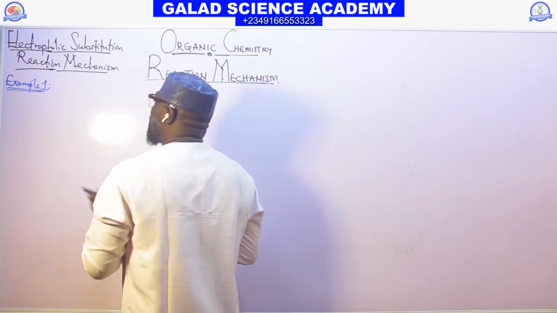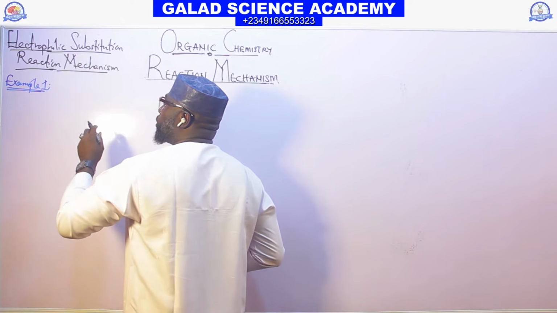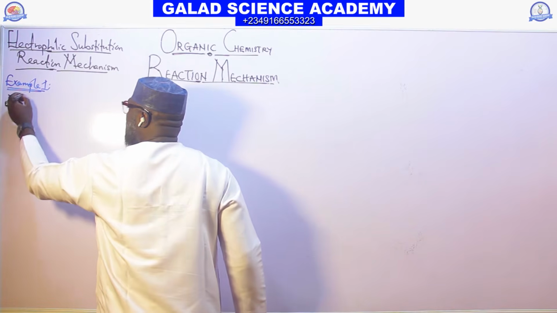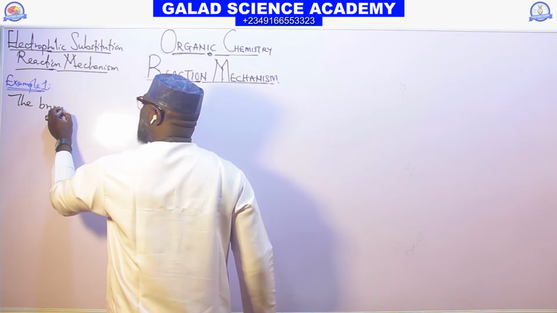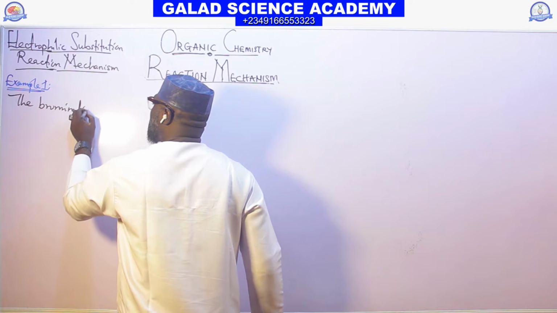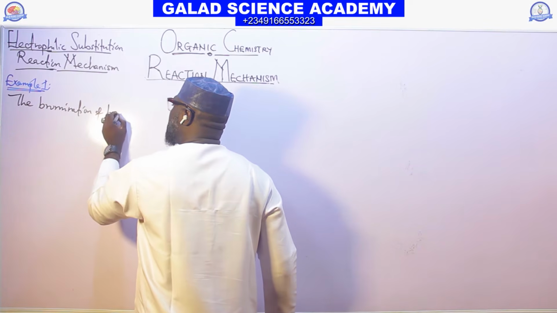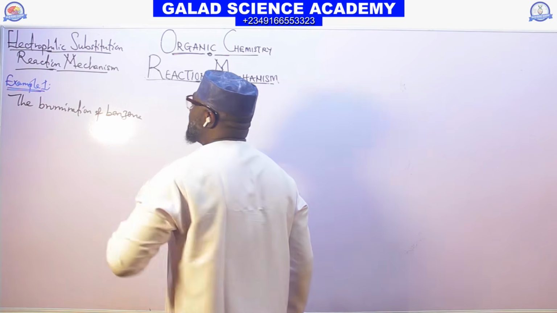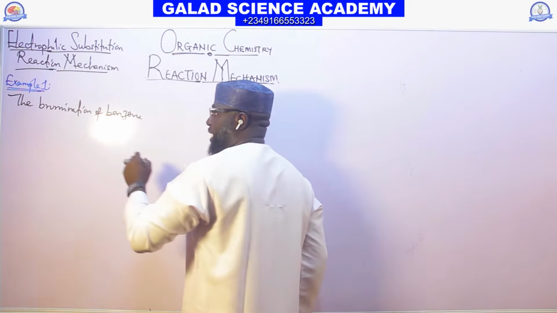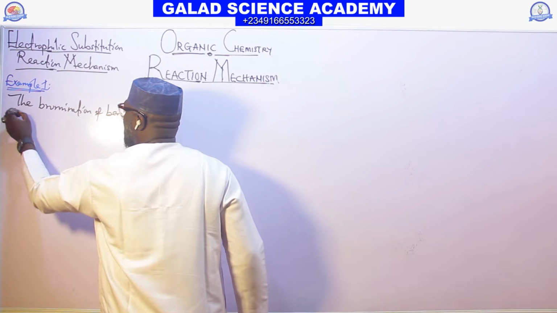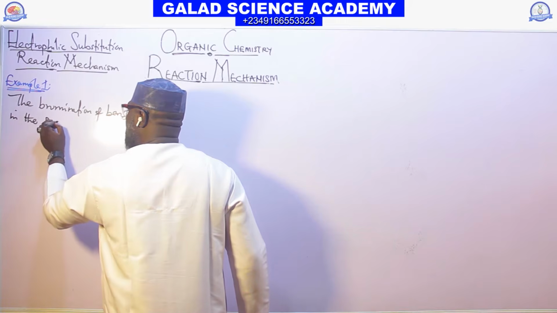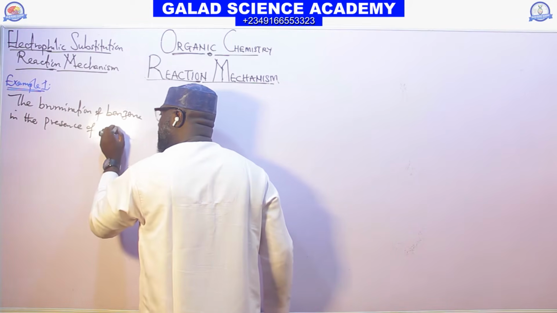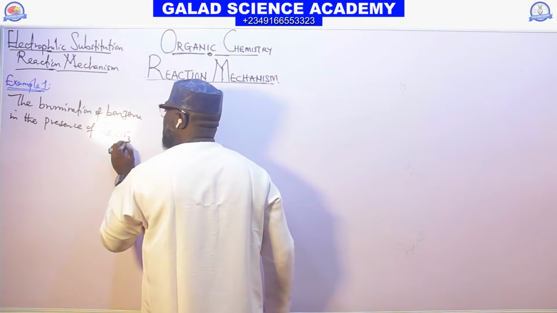The example is the bromination of benzene, of benzene in the presence of iron 3 bromide.